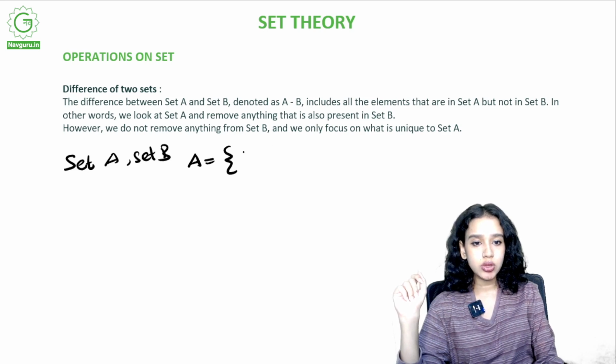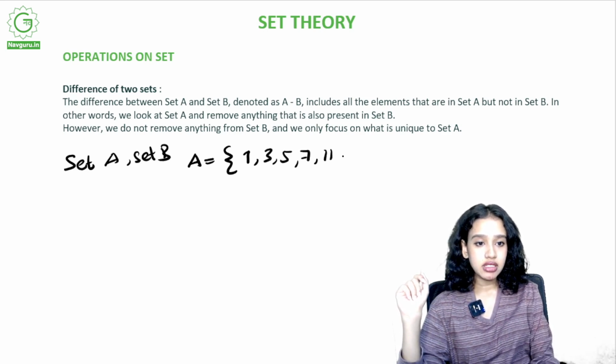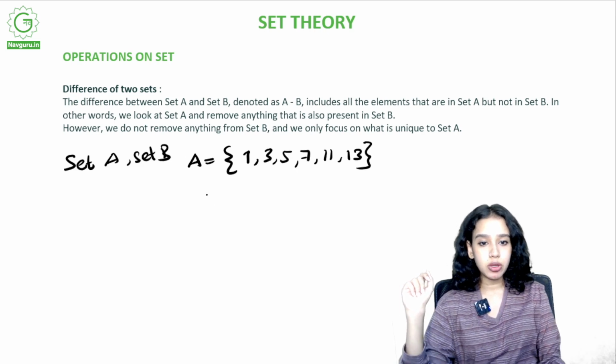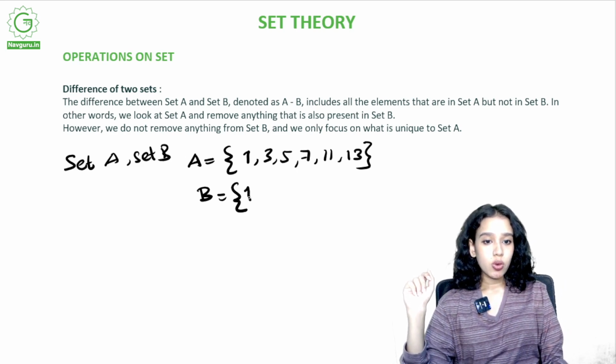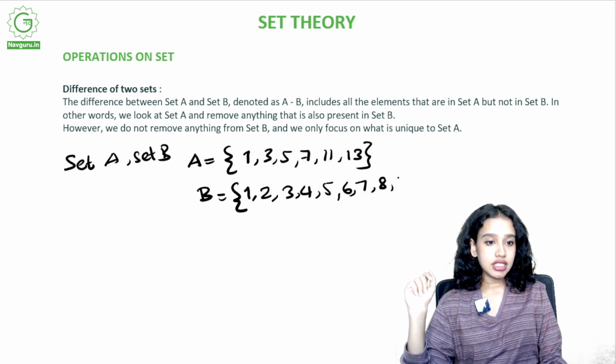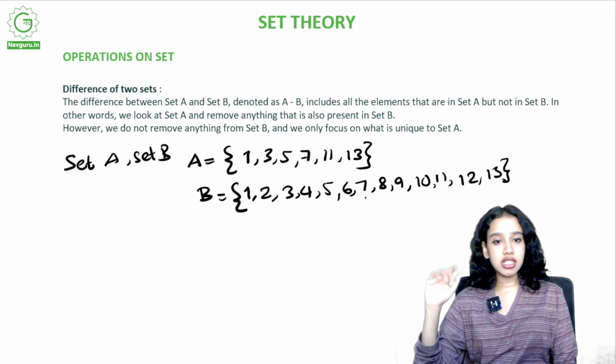Set A is equal to 1, 3, 5, 7, 11, 13, up to 15 we could take. Set B is equal to, let's say, 1, 2, 3, 4, 5, 6, 7, 8, 9, 10, 11, 12, 13. I'm saying this is B.